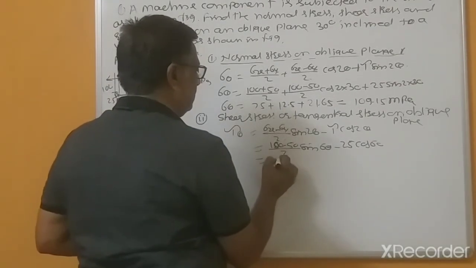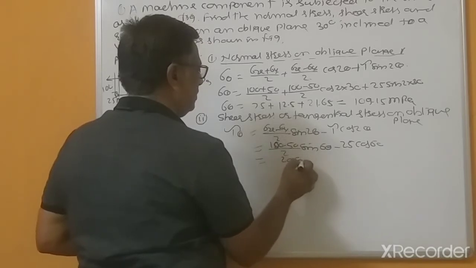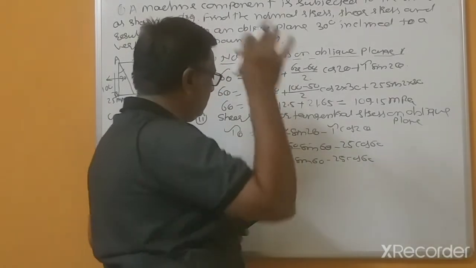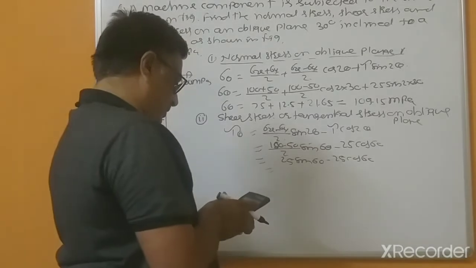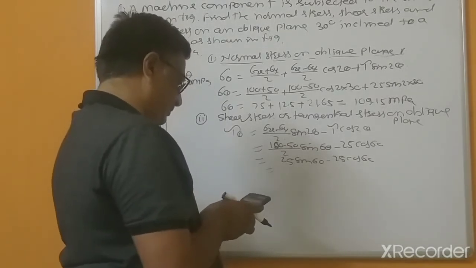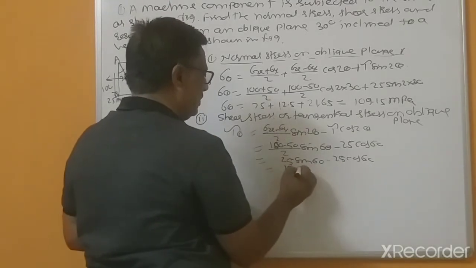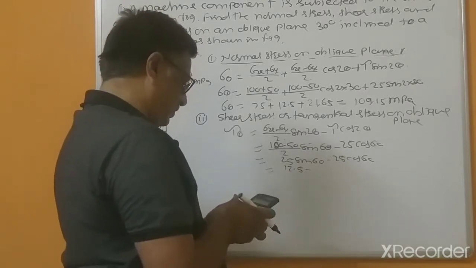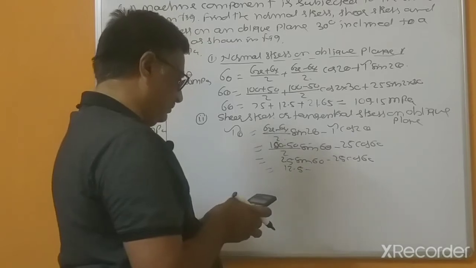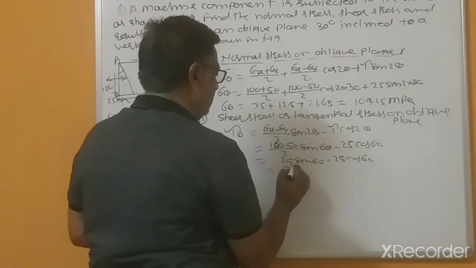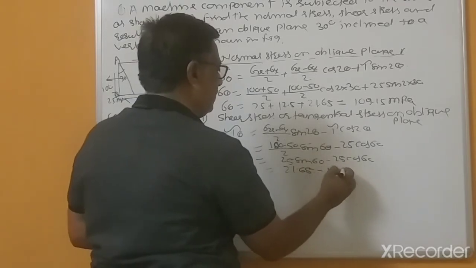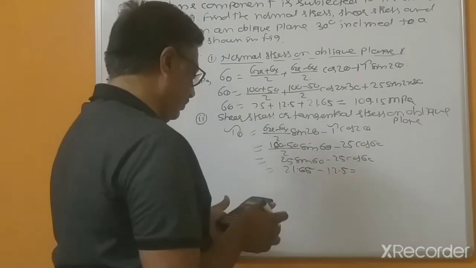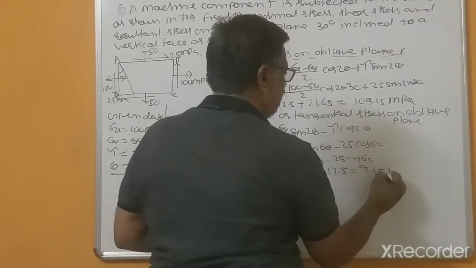This is 25 sin 60 minus 25 cos 60. 25 cos 60 is 12.5, 25 sin 60 is 21.65, and this is 12.5, equal to 9.15 and this is positive.